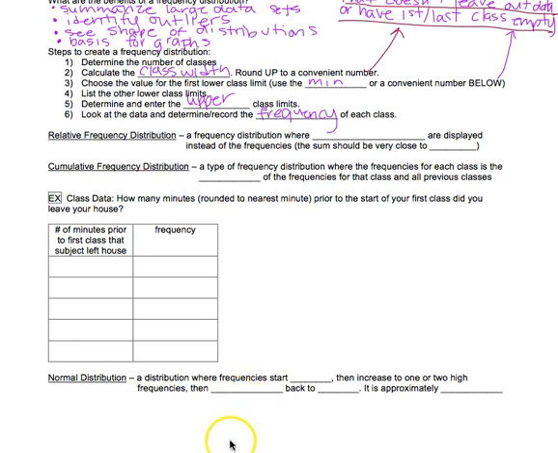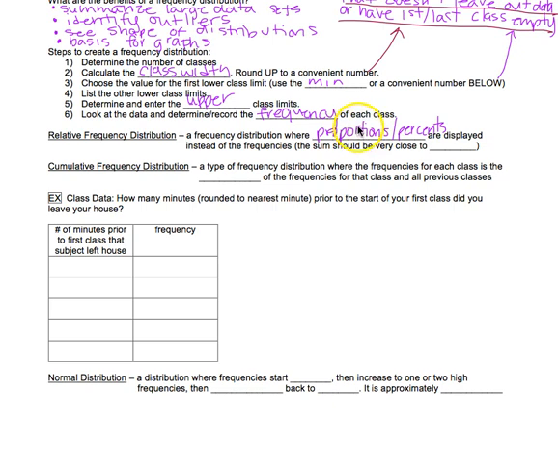Once we know how to create a frequency distribution, we then have two additional variations that you need to be able to create. And those are relative frequency distributions and cumulative frequency distributions. So we'll do that in the example here. Since we're getting a little more mathy, we'll actually go through these steps here so you can see the difference between all of these as well. But a relative frequency distribution is a frequency distribution where instead of displaying the frequencies themselves, we have either proportions or percents.